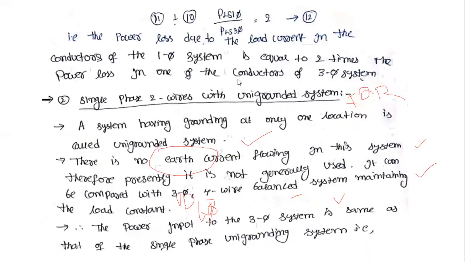Next, coming to the single phase two wire with uni-grounded system. First of all, what is meant by a uni-grounded system?